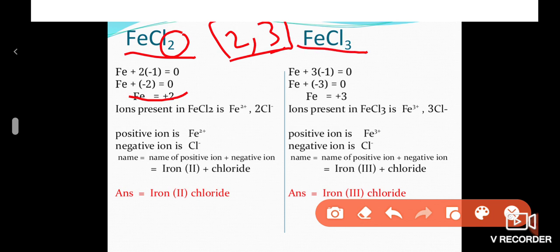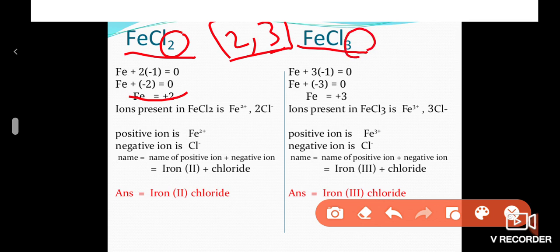The given formula is FeCl3. First we have to find out what is the valency of iron here. In this molecule, what is the valency of Fe? Okay. So we don't know the valency of Fe, so we write Fe plus. What is the charge of chlorine? Minus 1. How many chlorine atoms are there? 3.